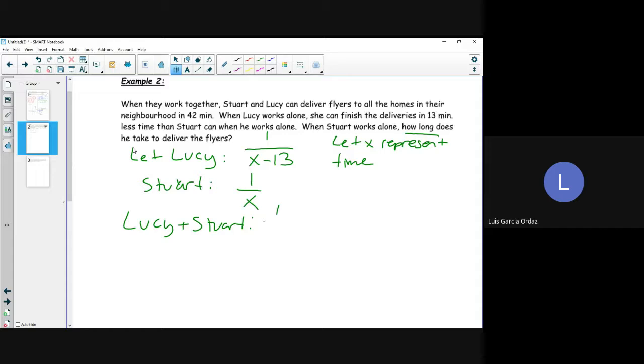So you add them. Yep, the expression for Lucy plus the expression for Stuart gives you 1 over 42. Because we don't know the time alone, but we do know that together they do it in 42.